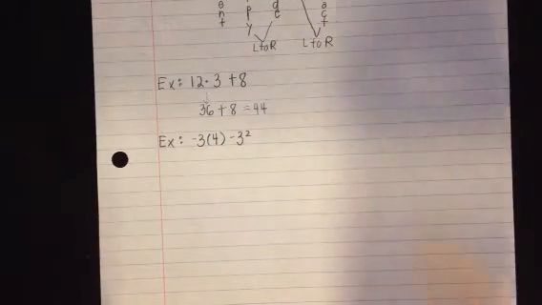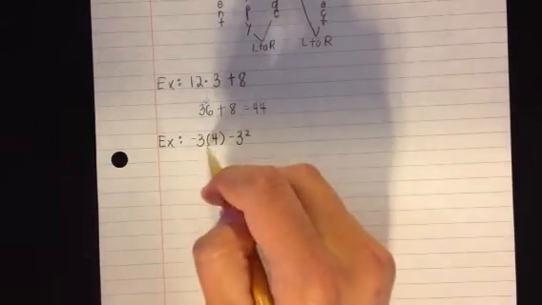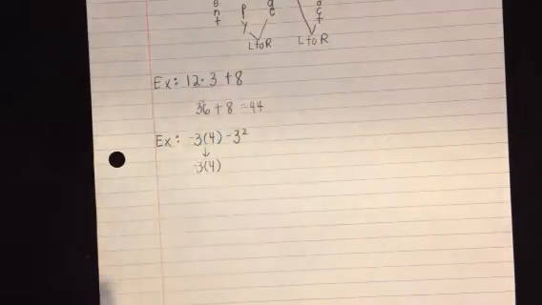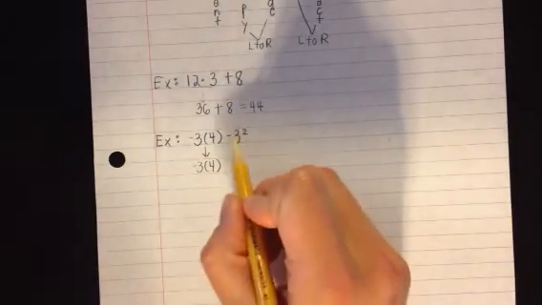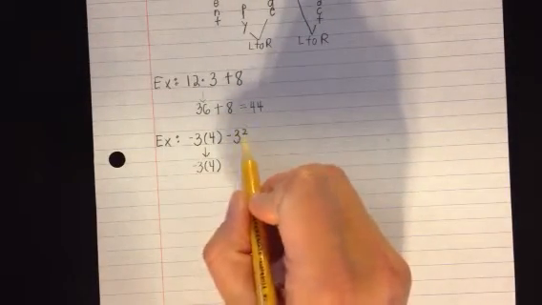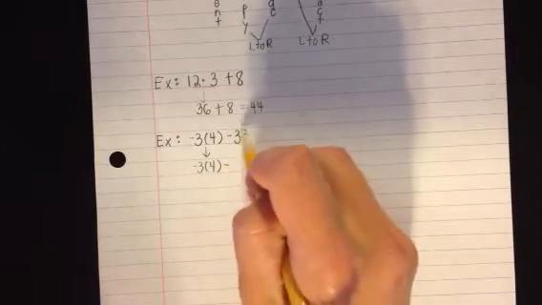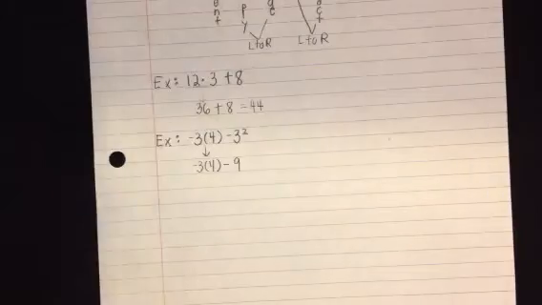Yes, I have an exponent. I need to take care of that first. Okay, so I'm going to drag down the -3 times 4, because that's really multiplication. I'm going to perform this first. 3 squared is 9, so I'm dragging down that minus, and then 3 squared is 9.